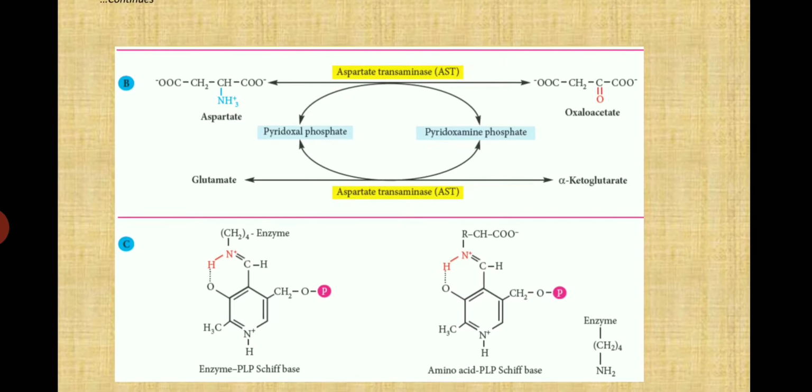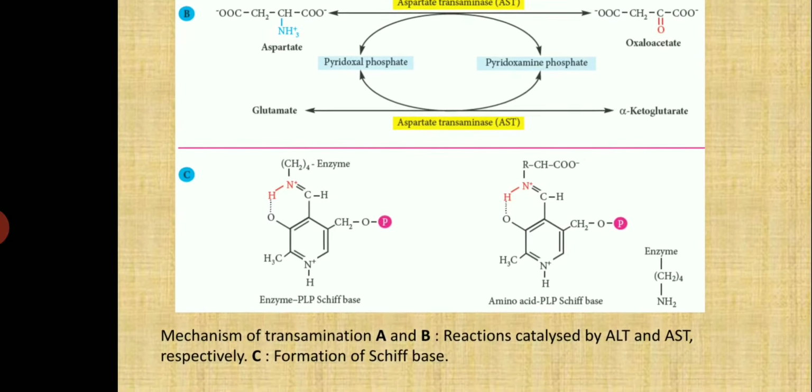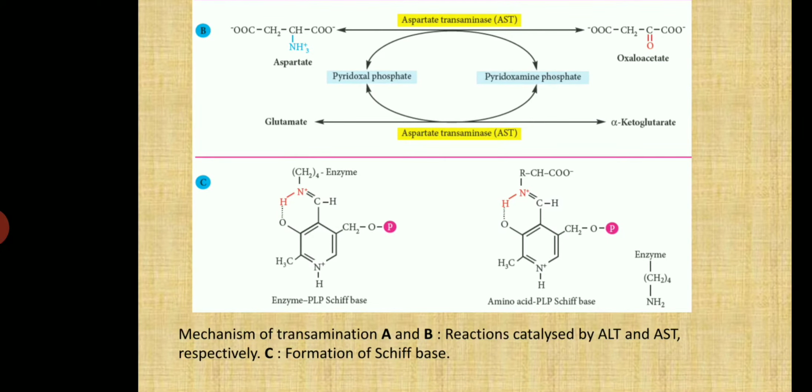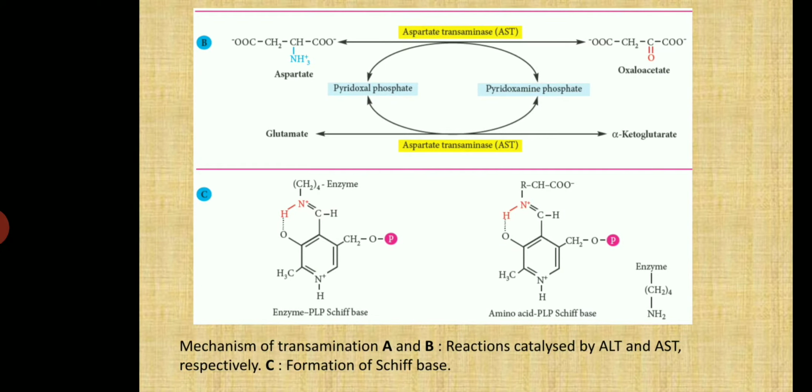This is the reaction showing aspartate. So aspartate plus alpha ketoglutarate forms oxaloacetate plus glutamate.